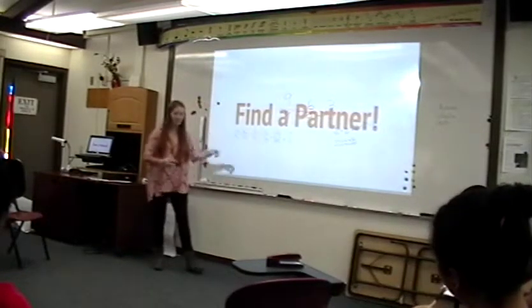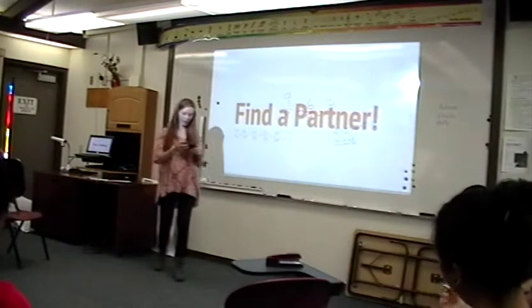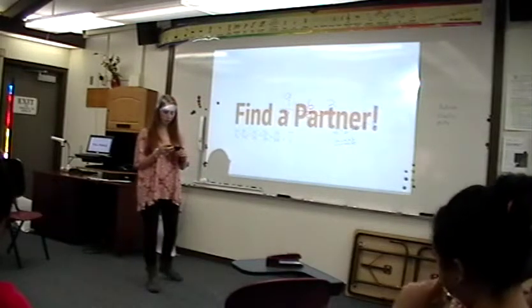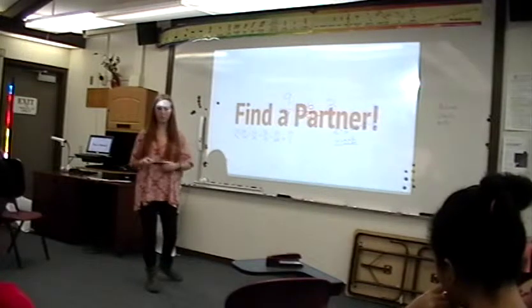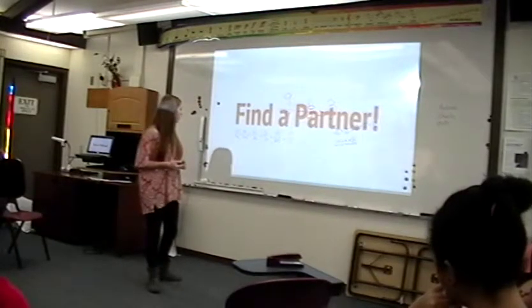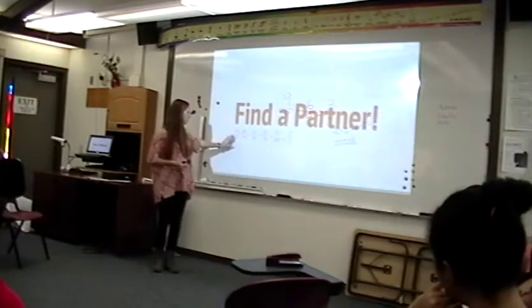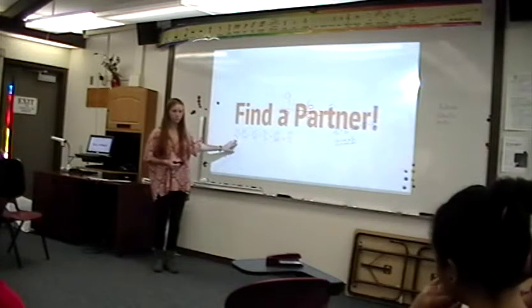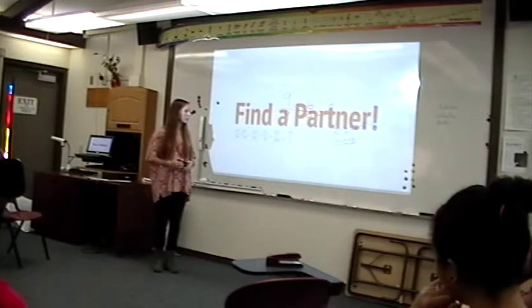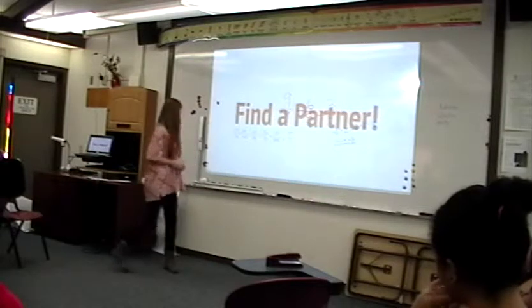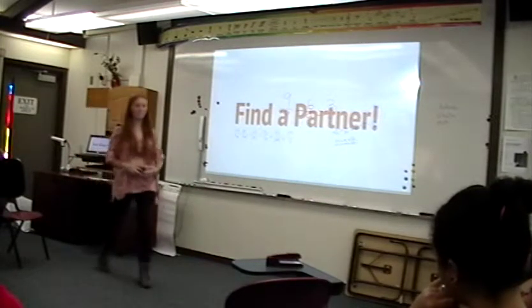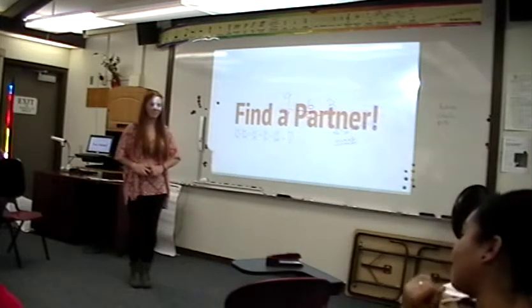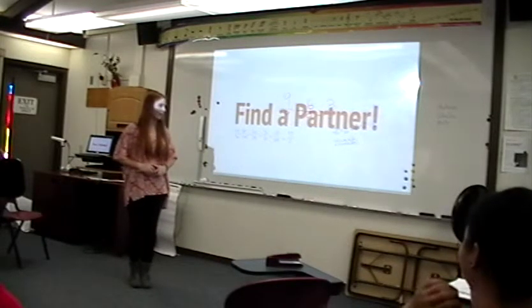Also, another outcome was to use a variety of strategies to add and subtract fractions with like and unlike denominators under 12. So we started out with these numbers and our fractions are all under 12. And that is it. Now you're all pros in subtracting and adding fractions.